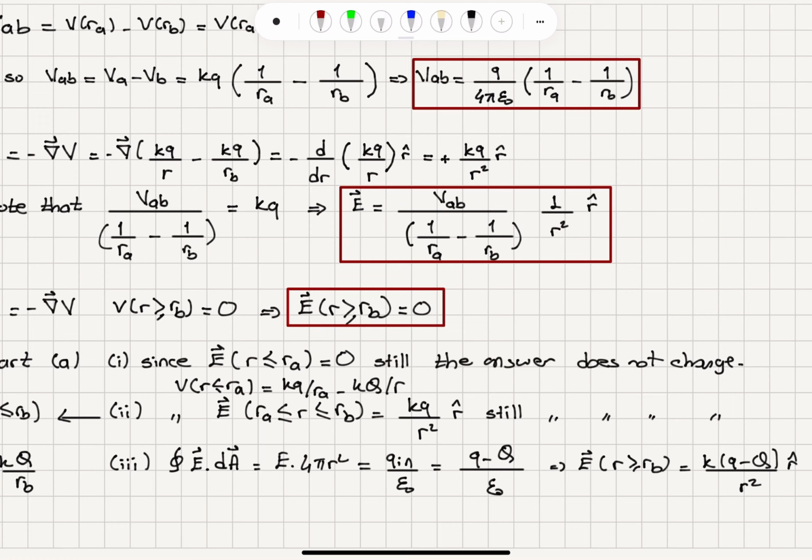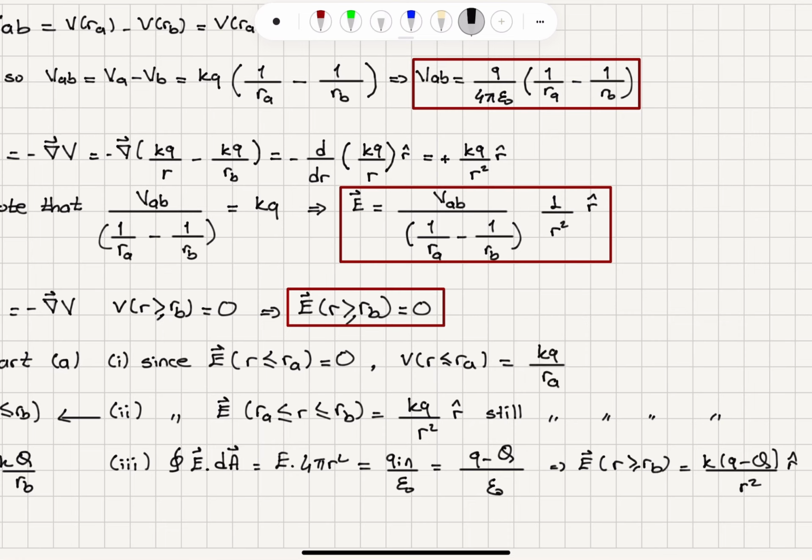Let's rewrite this potential here to make it more clear. The potential for r less or equal to r sub a is equal to kq over r sub a minus k capital Q over r sub b. It's a constant potential.